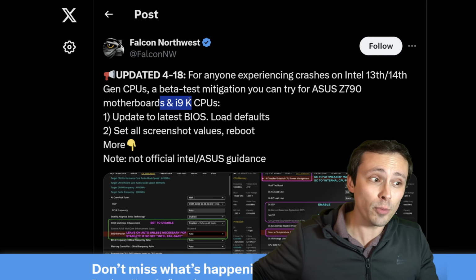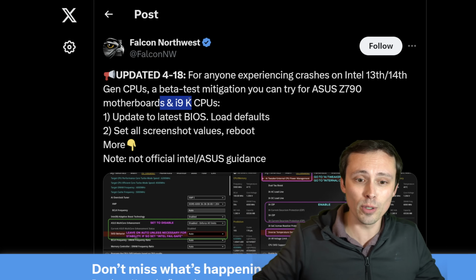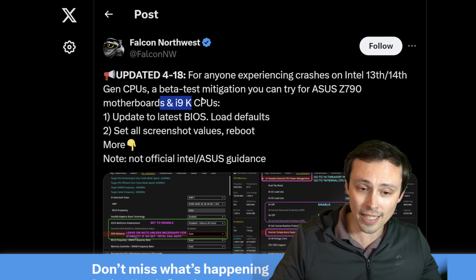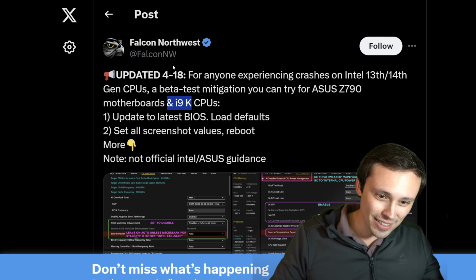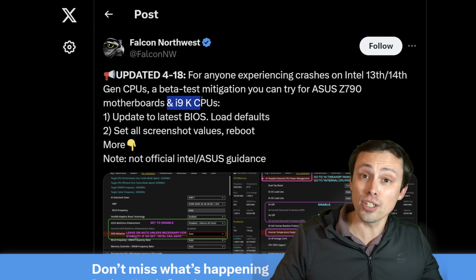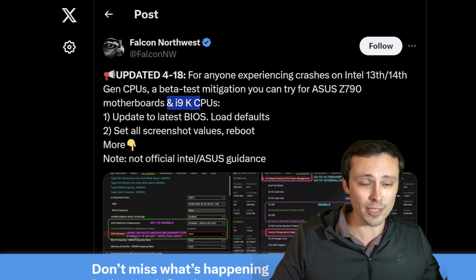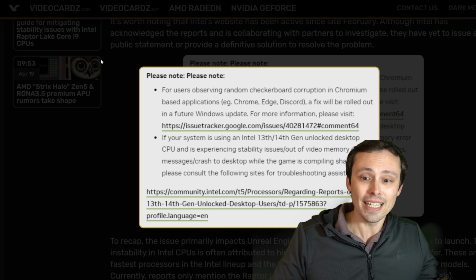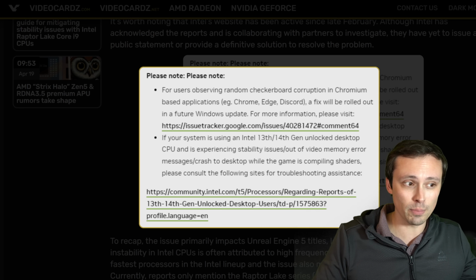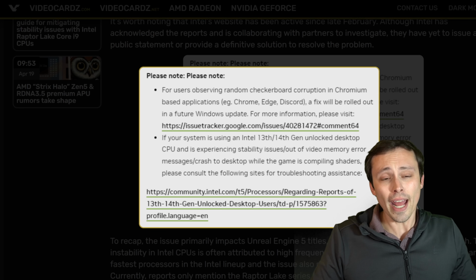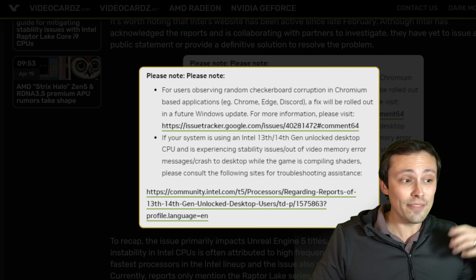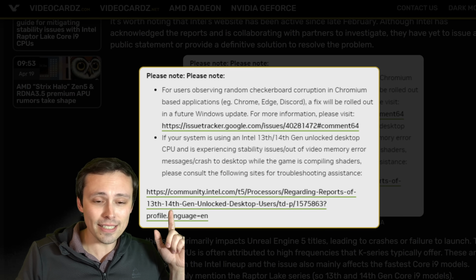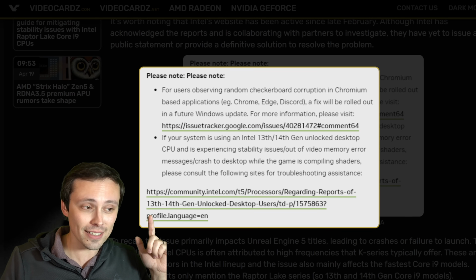That's one reason why I went with the 7800X3D for my test system rather than one of these i9s. It just doesn't seem like a good idea to be running that much power through your CPU, and this seems to be indicating that there are some sorts of stability issues going on there. Anyway, that's what I've got on that note, but well, Nvidia is, I wouldn't say throwing Intel under the bus on this one, but indicating that it is an Intel issue.